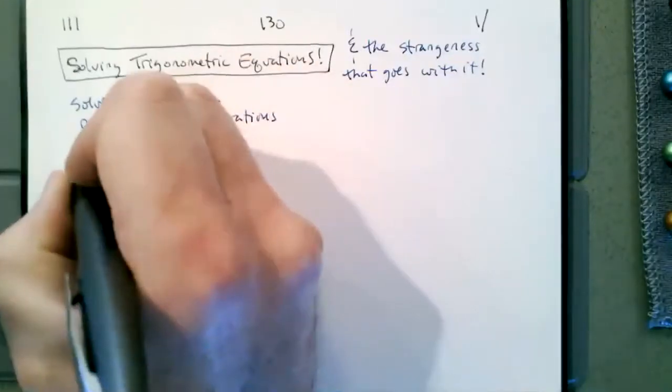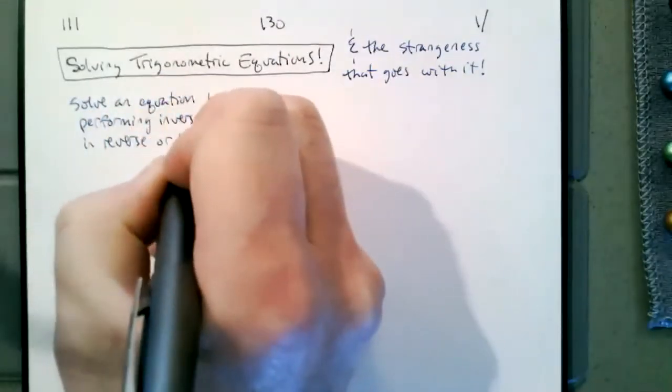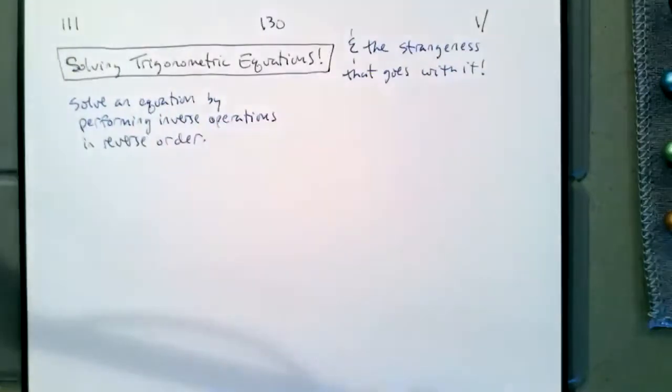Sometimes we get to deviate from this plan. Sometimes we have to abandon this plan entirely because there's too many instances of the variable. But the big idea is we want to solve an equation by performing inverse operations in reverse order.